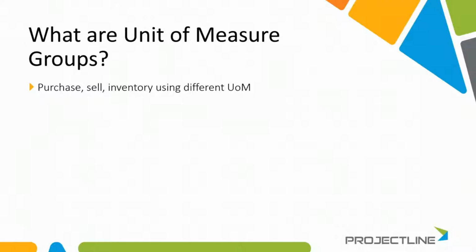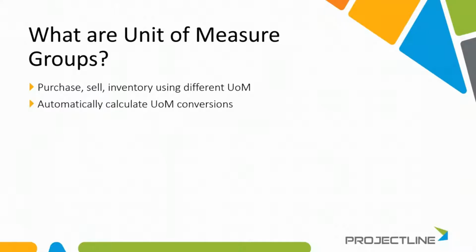If you think about it, if you're a company that has maybe 1,000 item codes and you have maybe 20 different unit of measure groups, you've just multiplied your item codes to 20,000 item codes, right? So we can significantly reduce the number of item codes.